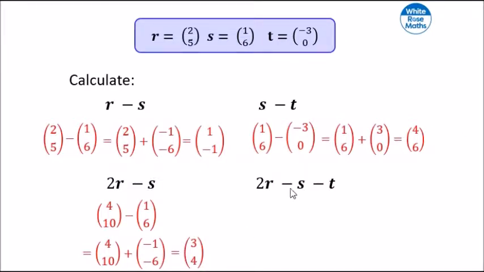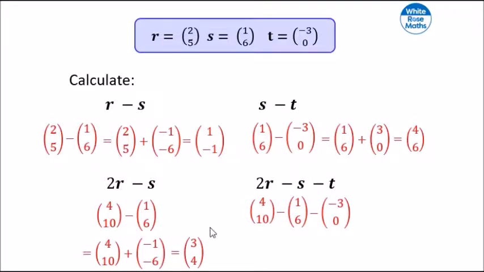And 2r, take away the vector s, take away the vector t. So we have 4, 10 again, take away 1, 6 again, and this time we have take away minus 3, 0 as well.